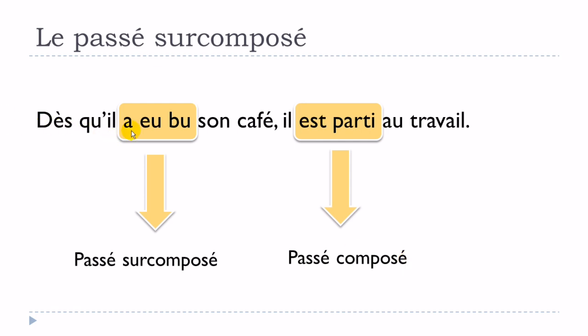So dès qu'il a eu bu son café, this thing happened before, so he drank his coffee. Then something happens after, but it's still in the past: il est parti au travail. So the first event is au passé surcomposé, and the second event is au passé composé.